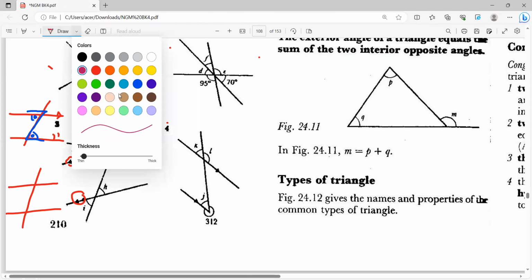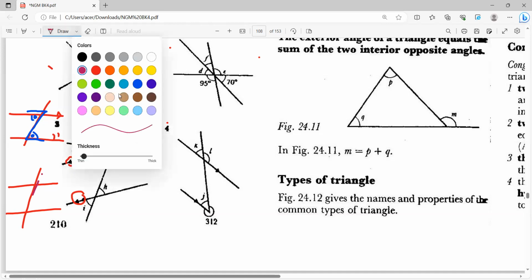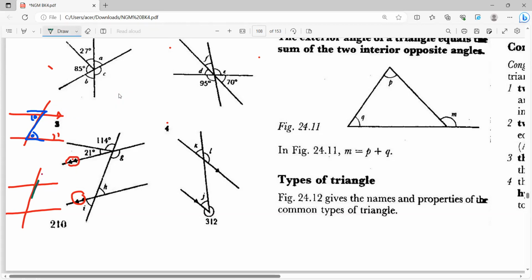I feel like it's just good to focus on just 2 rules. We have corresponding angles or F angles. F angles will form some kind of an F. So this angle and this angle are F angles. They are at corresponding positions and they are equal. And of course, we can have co-interior angles, but we'll leave that for now.